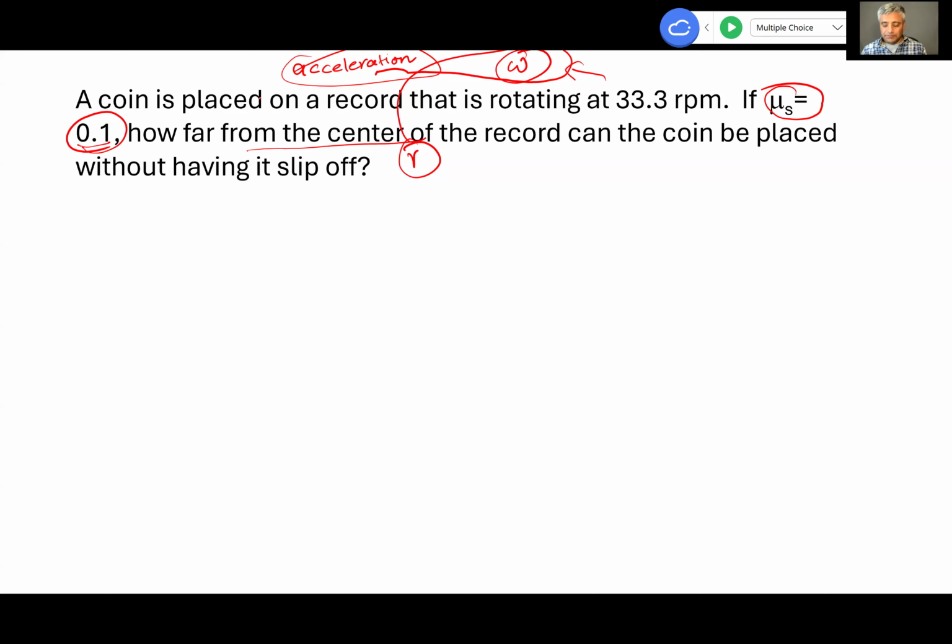Okay. So that's how we can tell, okay, I need to use Newton's laws of motion or dynamics to solve this problem. So when we decide, okay, I need to use Newton's laws, that means I need to write net force. So that means I need to draw a free body diagram.